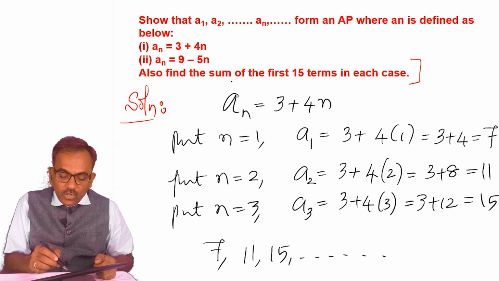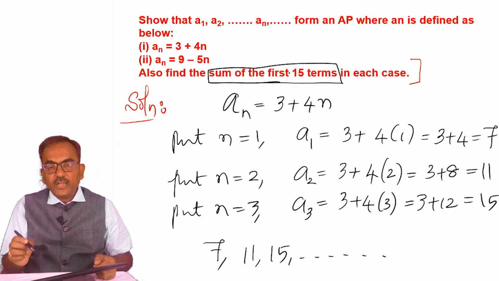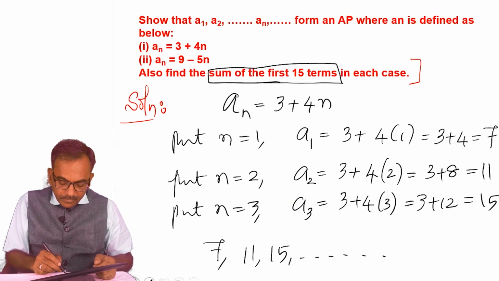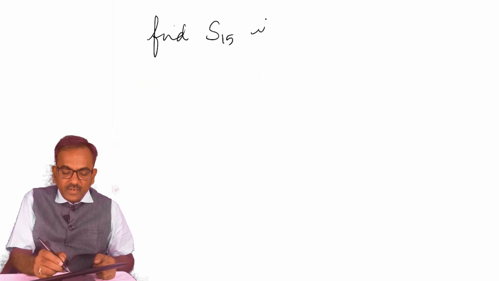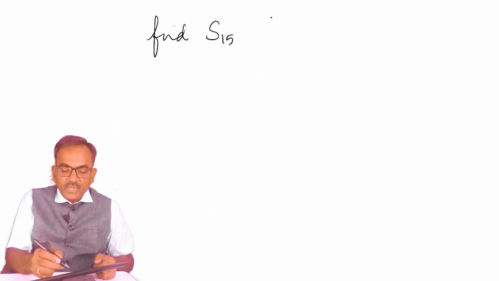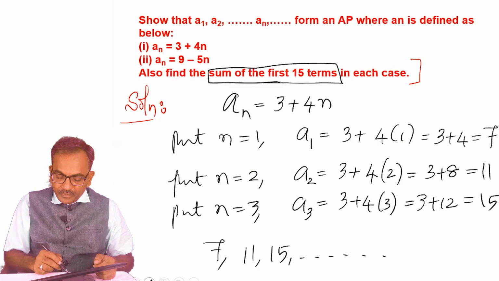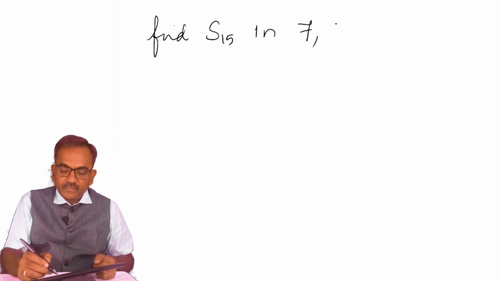Now let us move on to the second part, where we need to find the sum of the first 15 terms. Now here the question is find S15 in the AP 7, 11, 15.